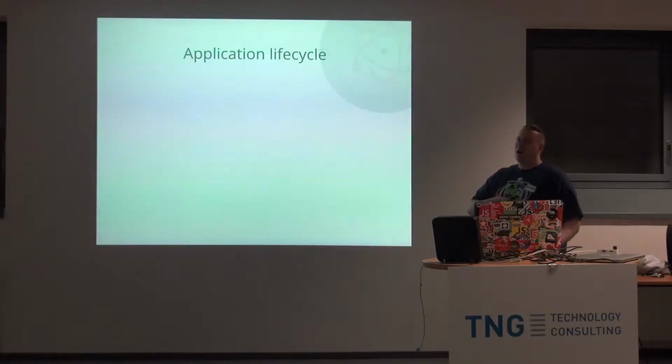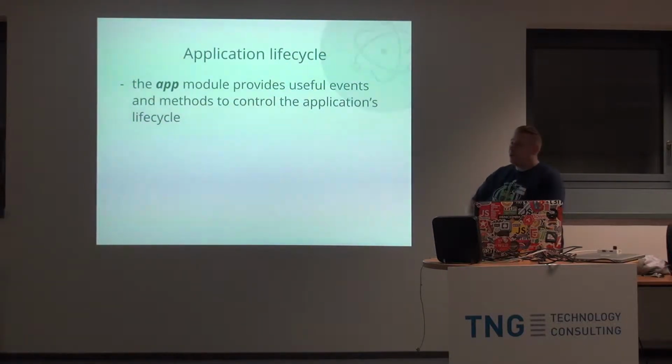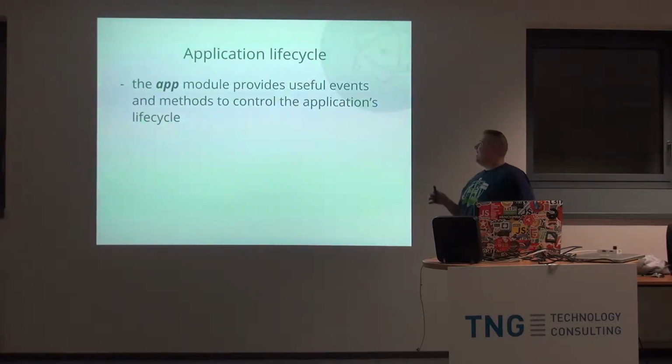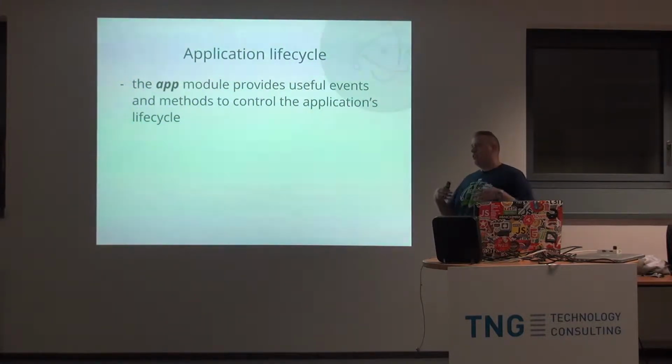Now, the question is, how does such an application, how does its lifecycle look like? Well, there's another module for it, and it's all modules, I tell you. That's the app module that's available to the main process, and it's got a lot of useful events and methods that you can use to see where your app is at now.